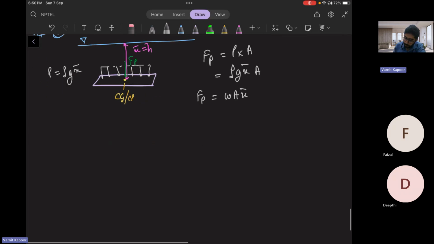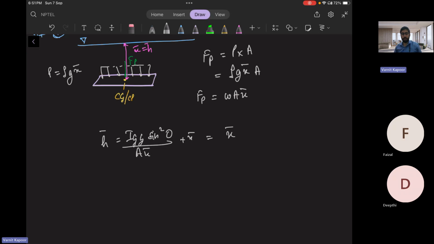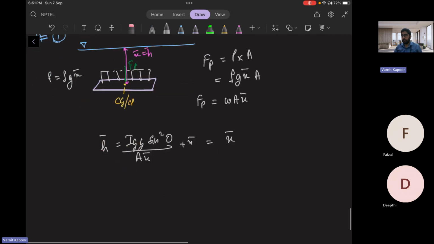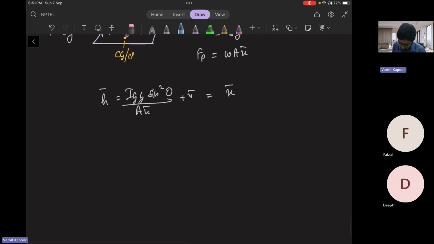And what will be the value of h bar? H bar is IG sine square theta by A x bar plus x bar. So it will be equal to x bar only. Okay, h bar is equal to x bar. All right. Second case, case number 2.